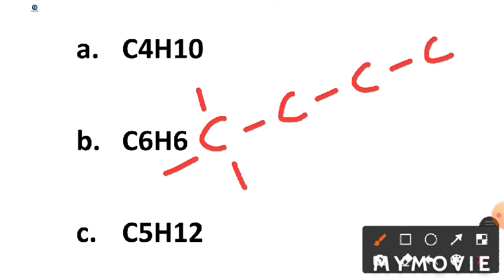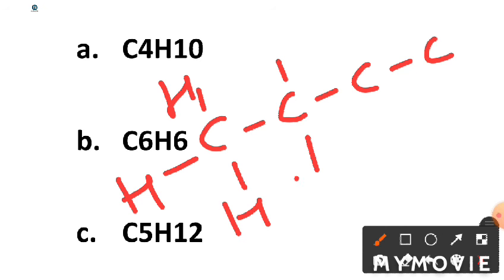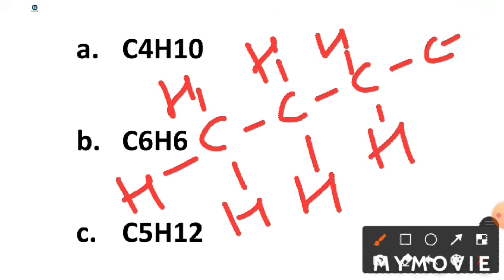We know that the valency of carbon is 4, so we put hydrogen one by one. In this way, here only single bonds are found in this compound, so it is not the correct option.